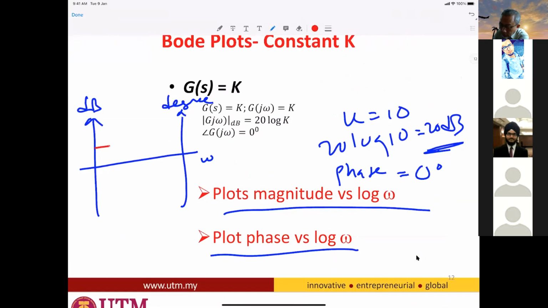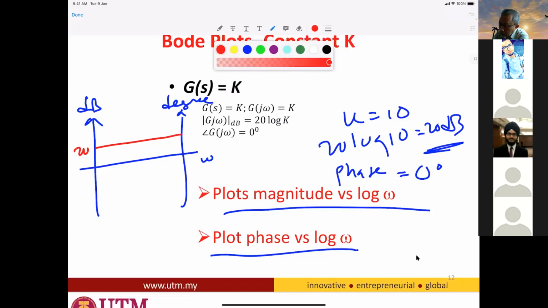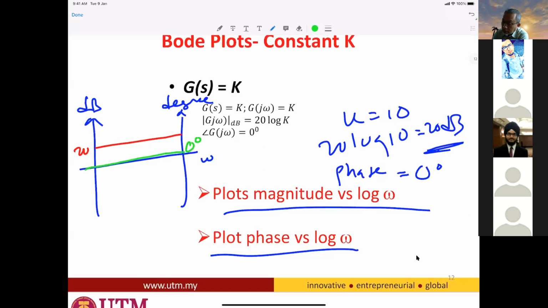So 20 decibels, and the phase is 0 degrees. Okay, that is for the constant.